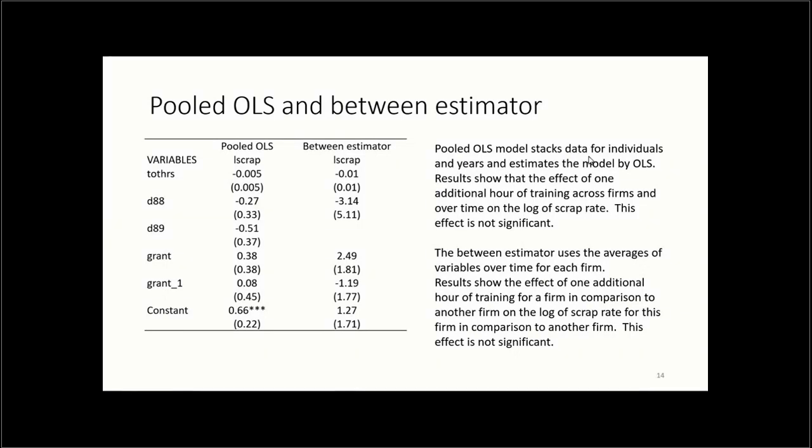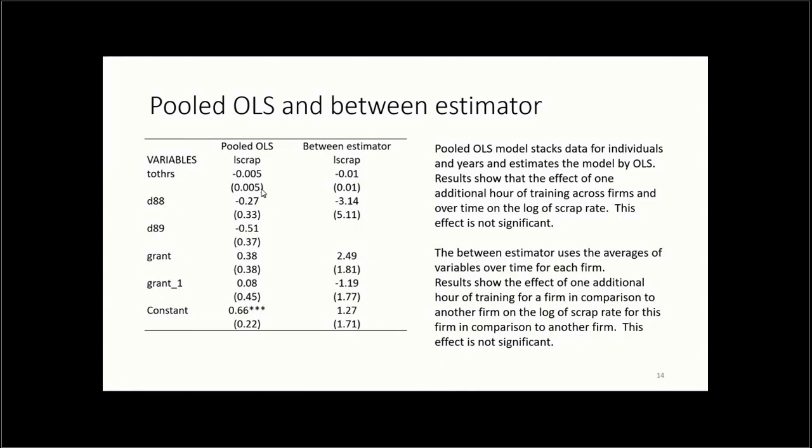And the results would show the effect of one additional hour of training across firms and over time on the log scrap rate. So that would be this coefficient here, but this coefficient is not significant.